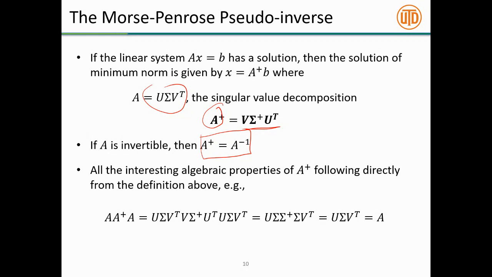If it's not invertible, though, this A plus will give you the solution to the linear system Ax equals b of smallest norm, if such a thing exists. We'll prove something slightly stronger today, namely that the pseudo-inverse actually always does something nice, even if the linear system doesn't have a solution.